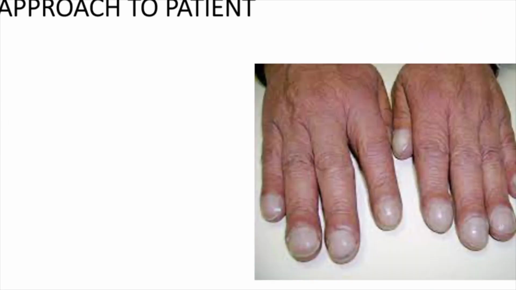Now look into how to approach a patient. In the beginning we have discussed cyanosis can be mainly due to diseases of the heart and lung, and so history is very important. The vitals, suppose the pulse is low, BP is low, it may be due to shock, and if the fever is there, it may be due to sepsis.